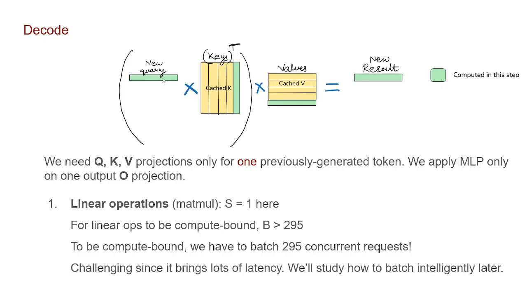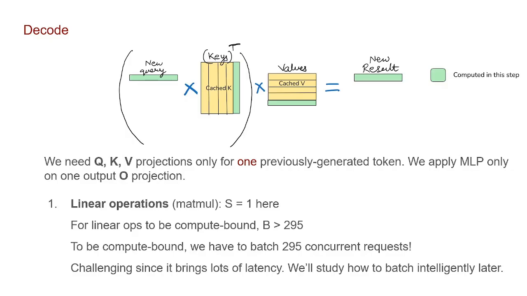So we are doing the projection only on the embedding of the last generated token. So S is 1 in this case. And so our criteria of BS being greater than 295 now becomes B greater than 295, which means that we want to do decode with a batch size greater than 295.